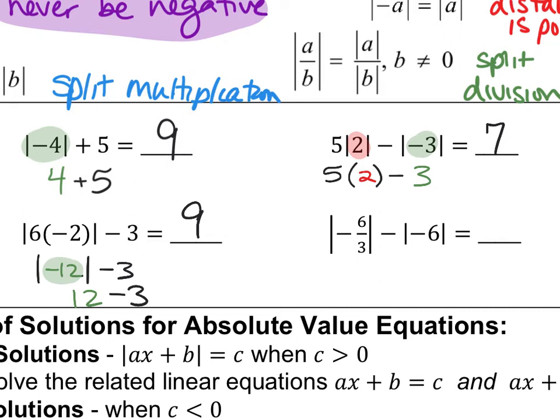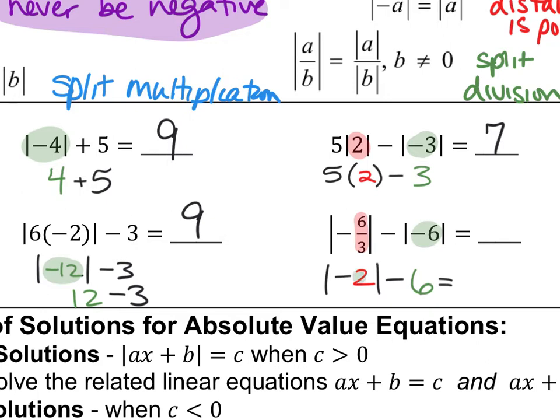We keep going. Let's do this fraction first because let's just deal with that. What is 6 divided by 3? Not minus. 6 divided by 3 is 2. So this is like saying the absolute value of negative 2 minus the absolute value of negative 6. What is the absolute value of negative 6? 6. Okay, we got a little bit more to do here because we don't have all the absolute values gone just yet.